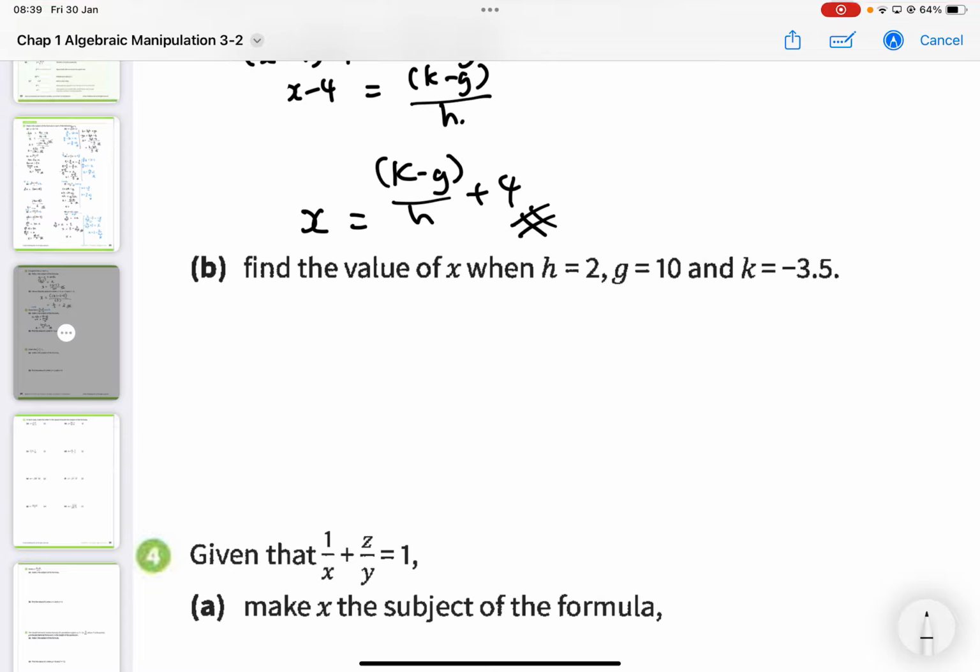So at first it is bracket times h, but I don't want the h. So I divide by h. Once I divide by h, it cancels. That side also divide by h. Here you must write already on the same line, because you divide by h on both sides.